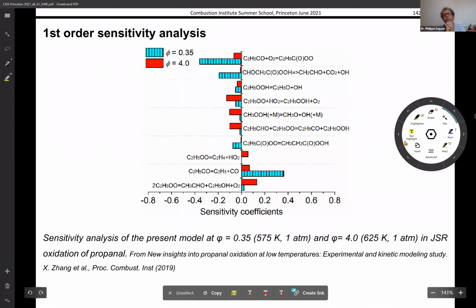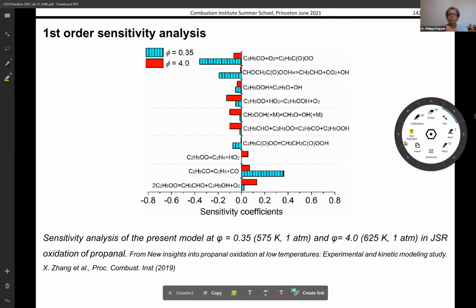And this is very useful because sometimes when you are simulating experiments over a range of equivalence ratio, your model fits the data very well at maybe the fuel-rich conditions, but under lean conditions, it doesn't work very well. And then you can figure out that there are reactions which are not influential in one condition, very influential in the other conditions.